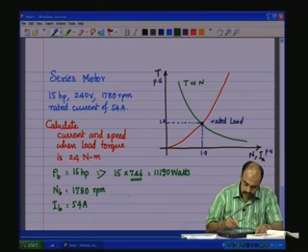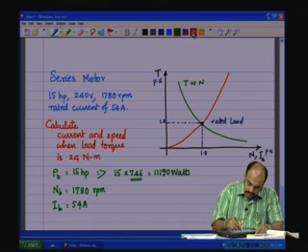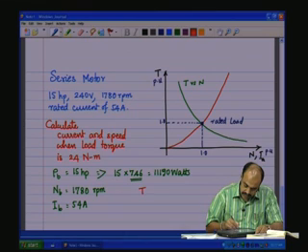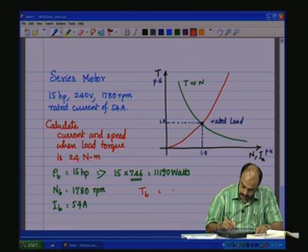Now, the base torque is given by the relation which we worked out before, which is base power divided by speed in radians.